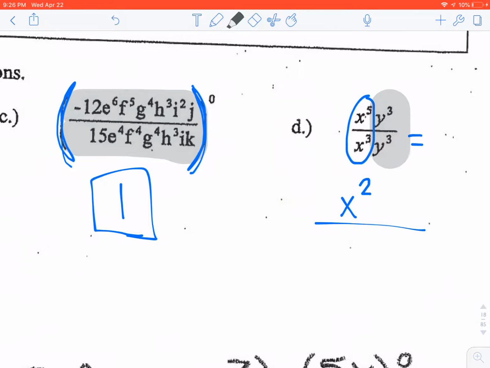Your y to the 3rd over y to the 3rd. You're dividing same base and same exponent. So they actually cancel, or you could have said 3 minus 3 is 0. You have y to the 0, which is 1. So either way, the answer to letter D is x to the 2nd. Okay?